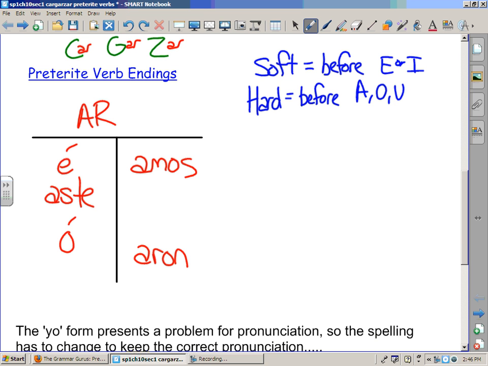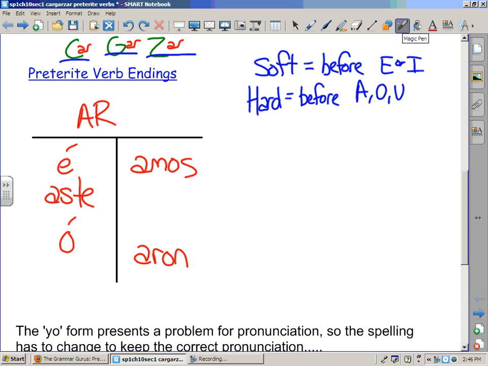So that's why we're worried about these letters today. Now, if I'm conjugating a CAR, a GAR, or a ZAR verb, all these have A's. So what is A going to make it? Hard. It's going to make it hard, right?